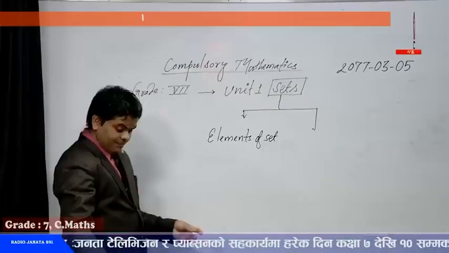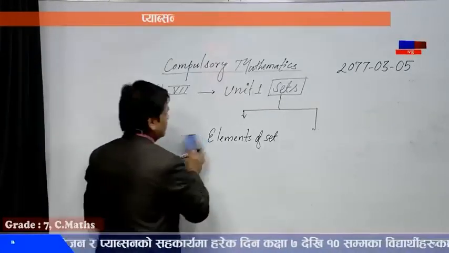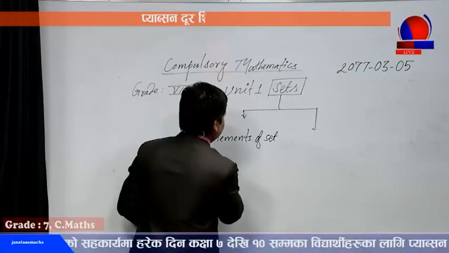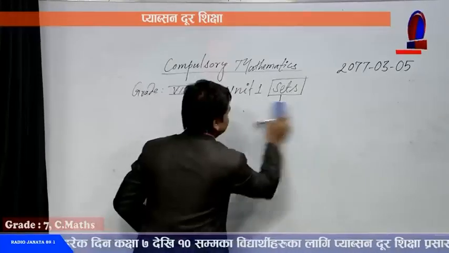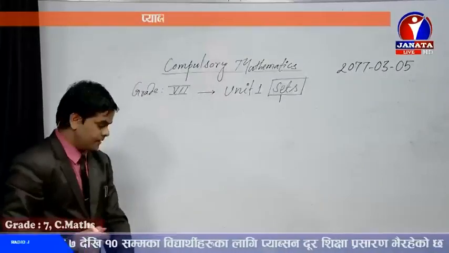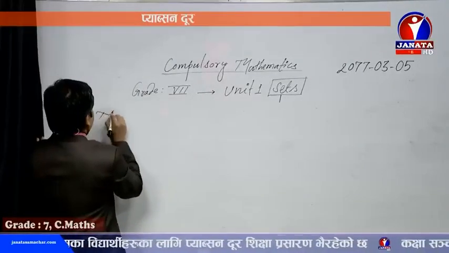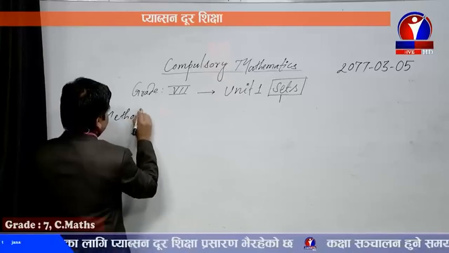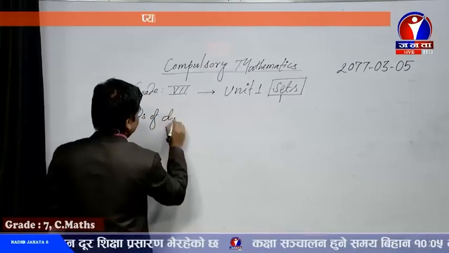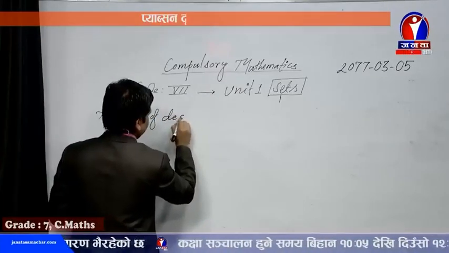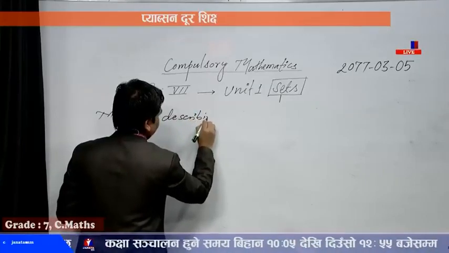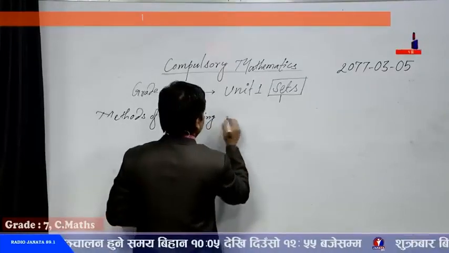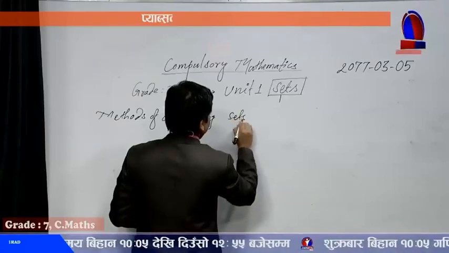So elements of set has some sub chapters, so I want to list out those sub chapters. Methods of describing sets.